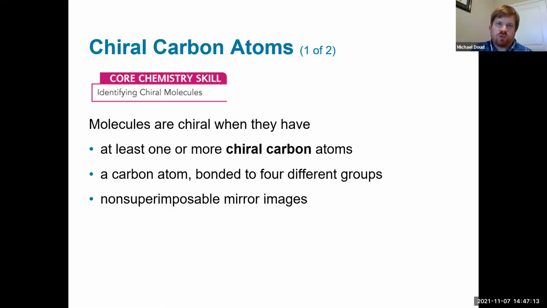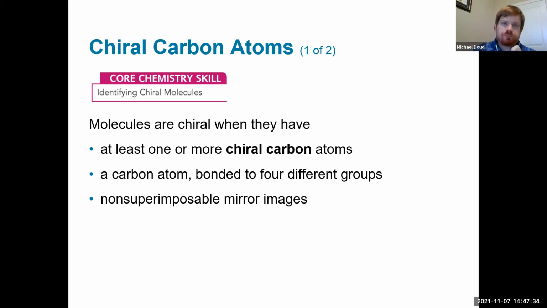Now, molecules are chiral and therefore have stereoisomers when they have at least one chiral carbon atom. This is easy to identify because all we need to find a chiral carbon atom is a carbon that is bonded to 4 different groups.